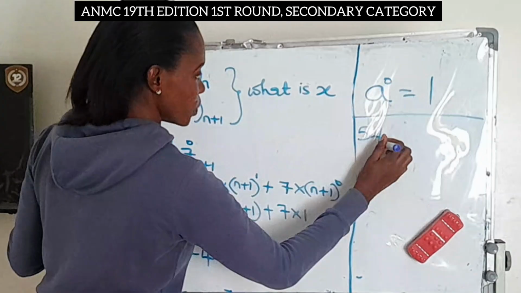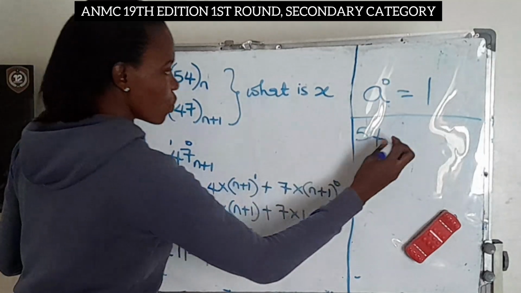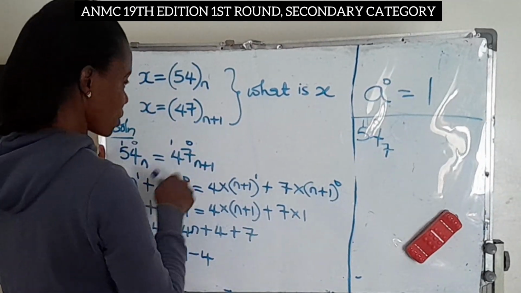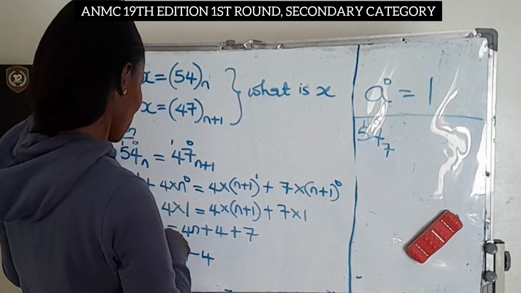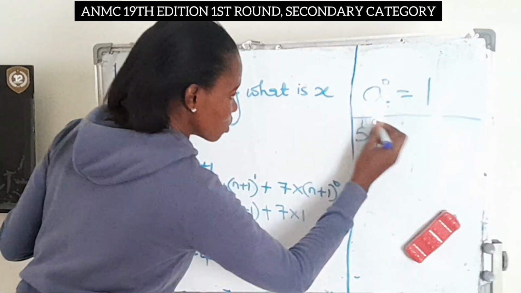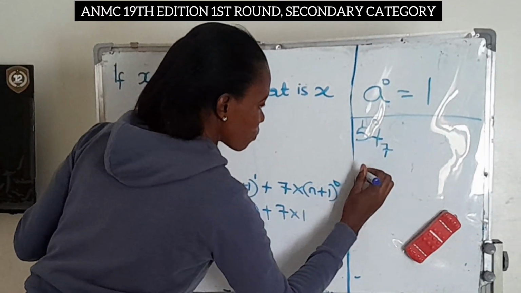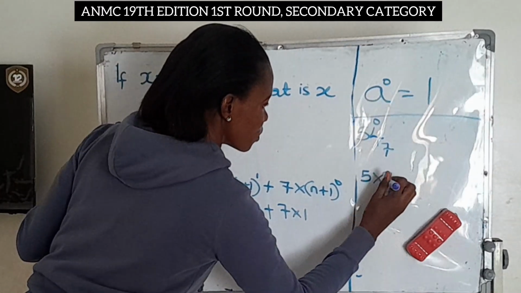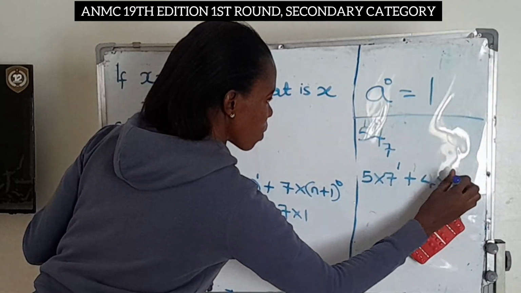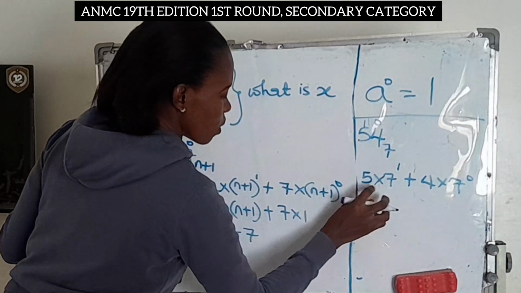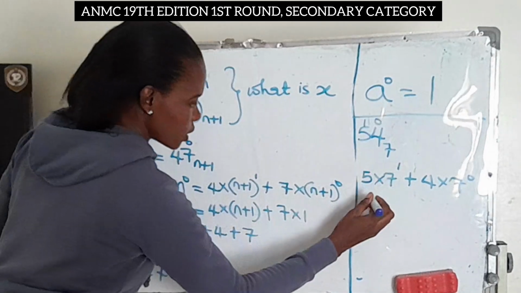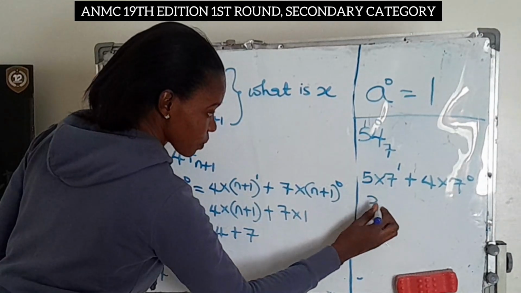So base 7. Alright, so we now do the normal. From here you can solve it. You can even put your n here to give you the answer, but let's just continue. So I have 5 times 7 raised to the power of 1 plus 4 times 7 raised to the power of 0. 7 raised to the power of 1 is the same thing as 7, so 5 times 7 is 35, right?